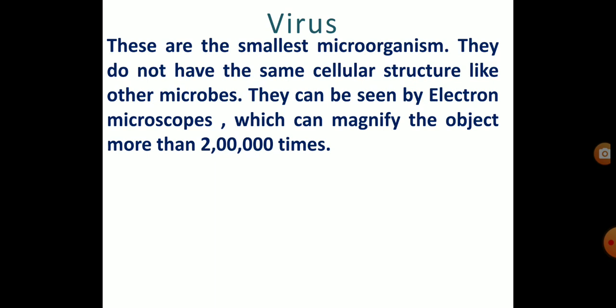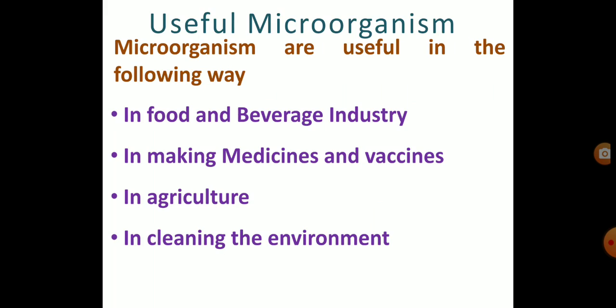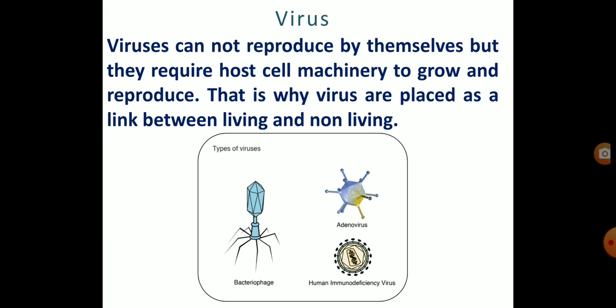So that's why it's very difficult to make a vaccine which can affect only the virus. Viruses cannot reproduce by themselves, they require a host cell, as I told. So viruses are placed as a link between living and non-living. Bacteriophage, adenovirus, human immunodeficiency virus. So this is all about this type of microorganism.